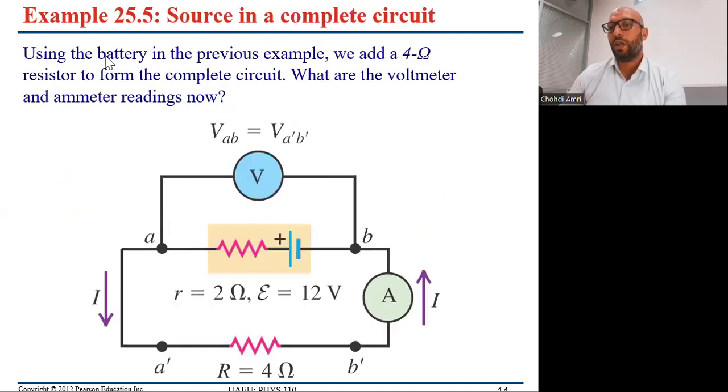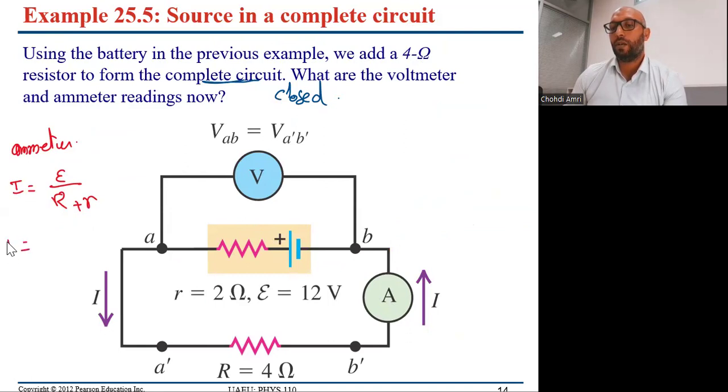Let's take this example. Using the battery in the previous example, we now add a 4 ohm resistor to form a complete circuit, a closed circuit. In this case, what will be the reading of the ammeter and the voltmeter? Let's start with the ammeter. I equals epsilon over R plus small r, because we have a real battery connected in series with the external resistance.